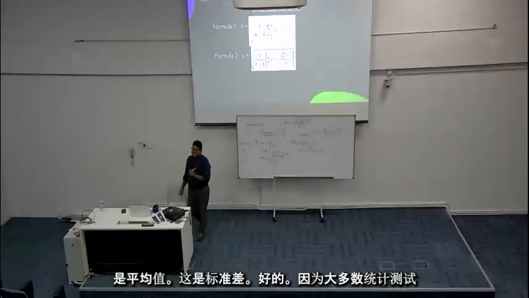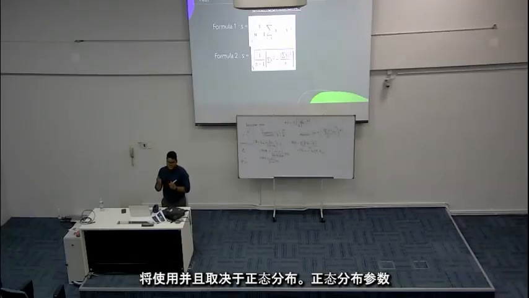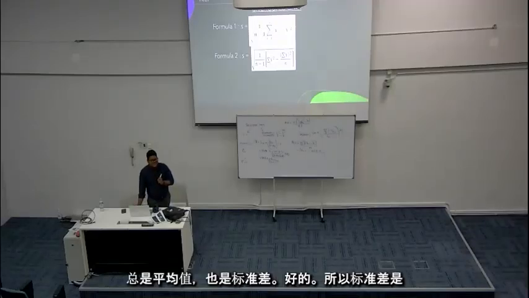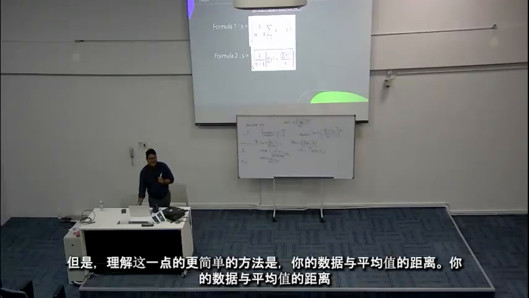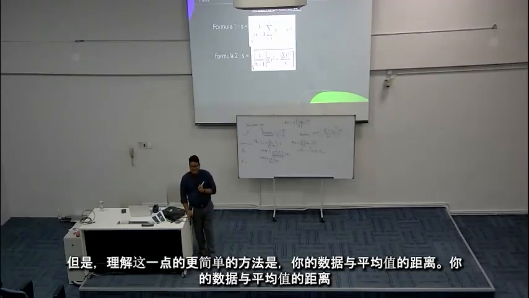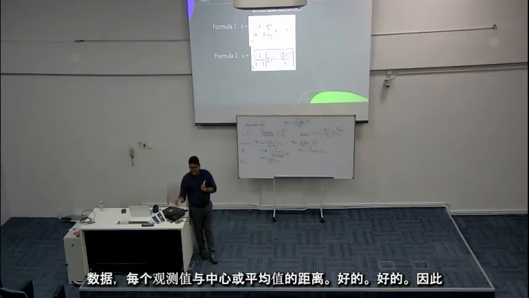Most statistical tests depend on the normal distribution, and the normal distribution parameters are always the mean and the standard deviation. By definition, the standard deviation is the square root of the average of the squared distance of the observations from the mean. An easier way to understand it: how far your data is from the mean, the distance of each observation from the center.